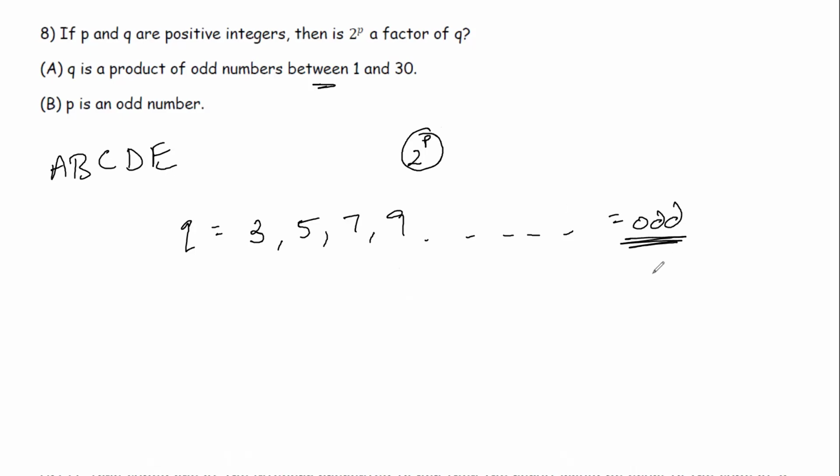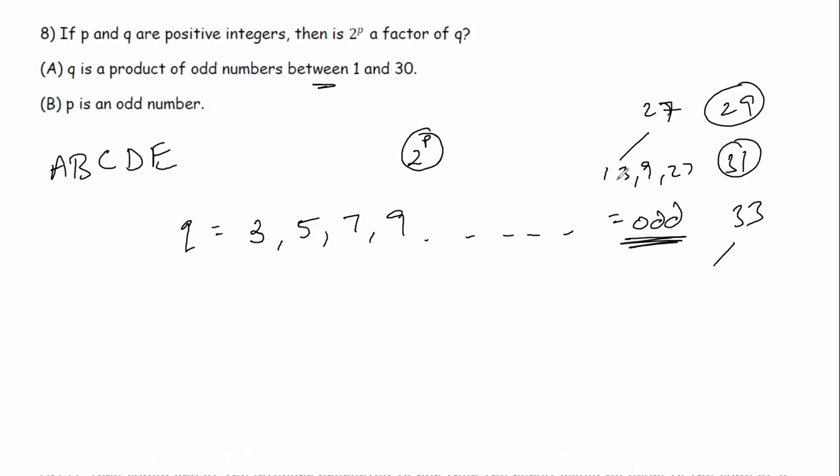An odd number will never have an even factor. Think of it, 27, 29, 31, 33. These two are primes, obviously. If you took 27, it is 1, 3, 9, and 27. These are the factors. No even number. 33: 1, 3, 11. No even number, right?